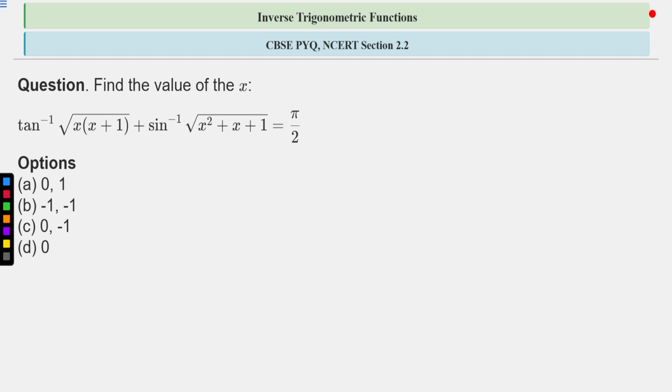So in this way you can write the expression x into (x plus 1) greater than or equal to 0, and x square plus x plus 1 greater than or equal to 0, and also x square plus x plus 1 will be less than or equal to 1, right? So according to both equations, you can easily find the value of x, right? So in this way we can try to approach this question.